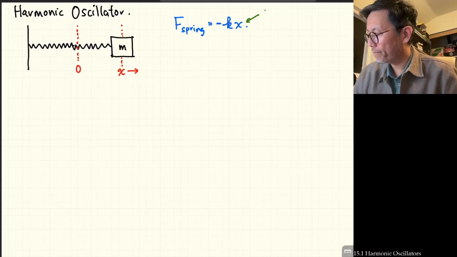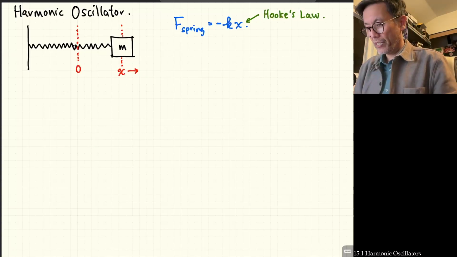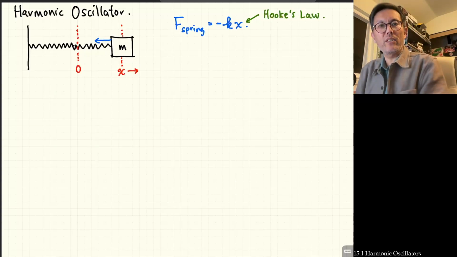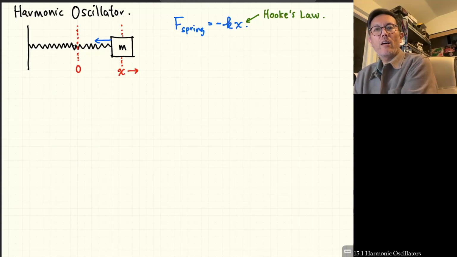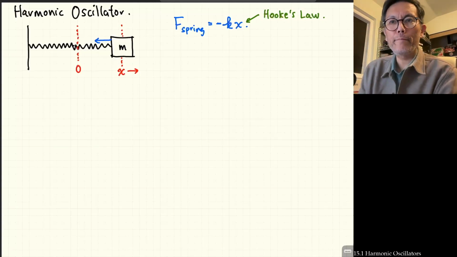Maybe you've heard of that. But that's one of the forces that we're going to be considering. And again, it points in this direction, opposite, in this case, always back toward the equilibrium position.